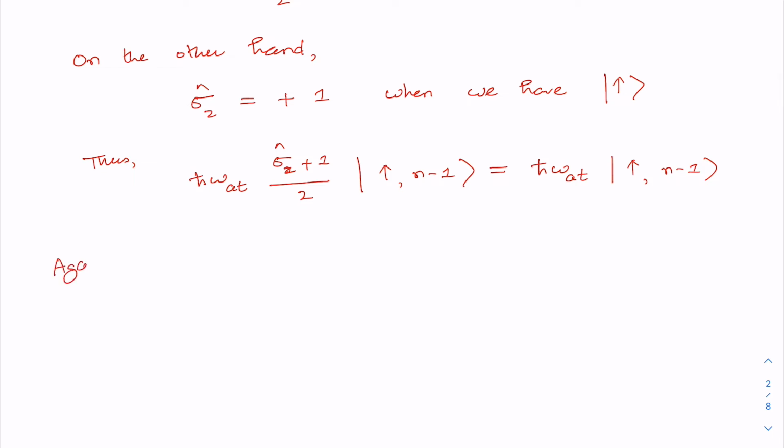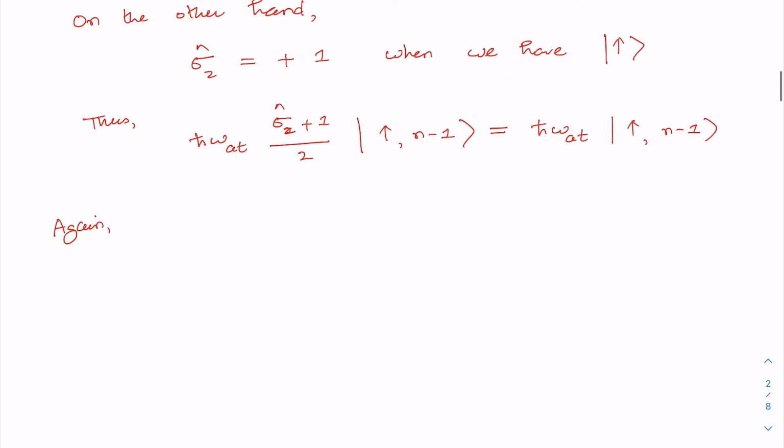Again we can work out σ+ a when it operates on this state. Now σ+ is the atomic raising operator, so it will raise the atomic state to the up one, and a is the annihilation operator of the field mode. It will act on the field mode and reduce it by 1, and here the factor is root n.